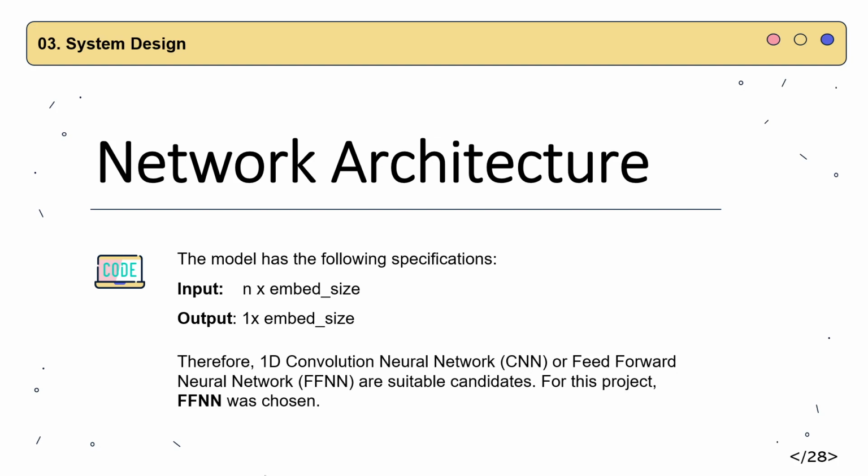It takes an input of n times embed size, where n is the number of neighboring words and embed size is the parameterized embedding of choice, and it has to output a vector of the same embedding size. Therefore, for this kind of architecture, we can use a 1D convolutional neural network, or 1D CNN, or a feed-forward neural network, FFNN. For this project, FFNN was chosen.